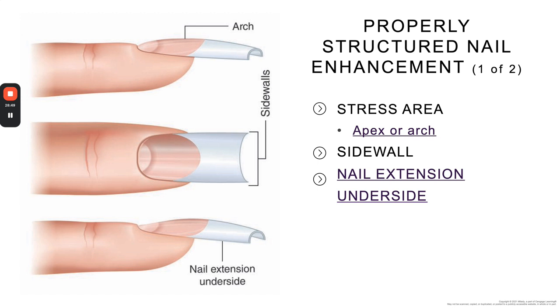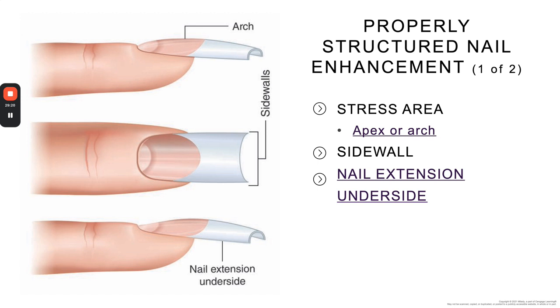And your stress area usually is where the natural nail grows beyond the finger and becomes the free edge. And when we're talking about nail enhancements, we always talk about the term your apex or your arch, and we always have you guys focus on making sure that your apex is secure, because that's what helps the stress area. That's what helps the nail to not break.